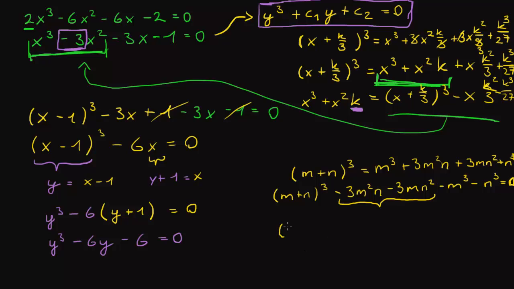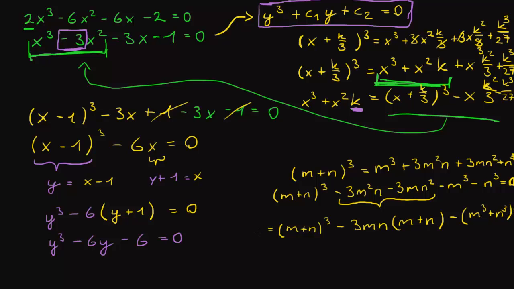So m plus n to the third minus 3mn times m plus n, right? Because we factored out the negative 3, so it becomes m plus n minus, and we're going to group these two. So m to the third plus n to the third is equal to 0.